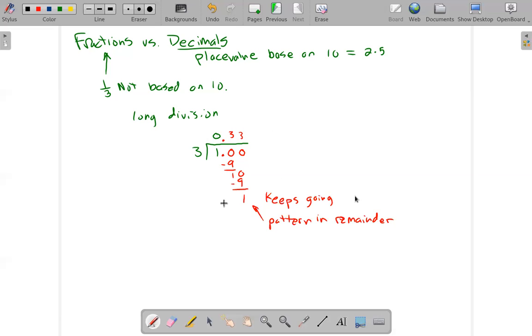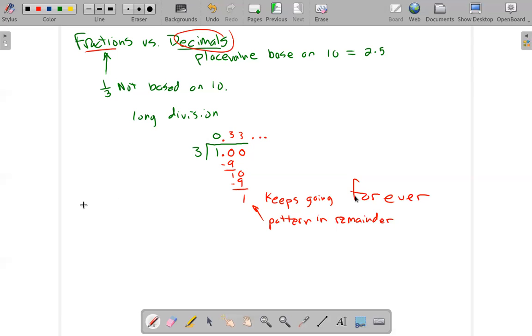And the problem is we're trying to force something that is not based on 10 to be only based on 10. And that just doesn't work. There's always a remainder and we get this thing that goes on forever. Forever is a problem because you can't go on forever. Our calculators don't go on forever. But theoretically, this does go on forever. And it leads to these weird ideas.